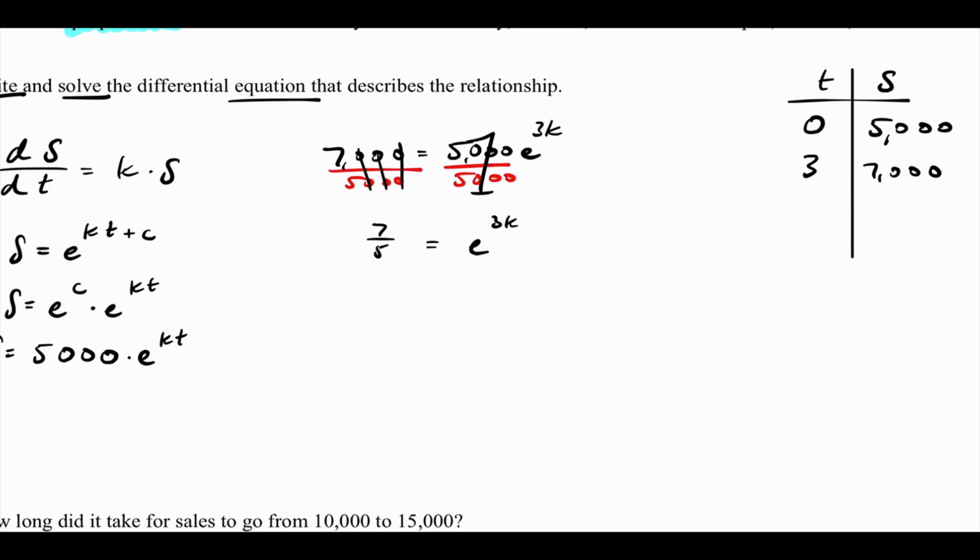Okay. So now I need to get k down to the ground. That calls for a log. So the natural log of e, the log of e is the natural log. 7 over 5 equals 3k.